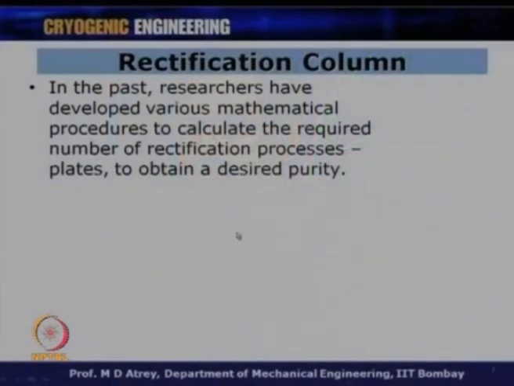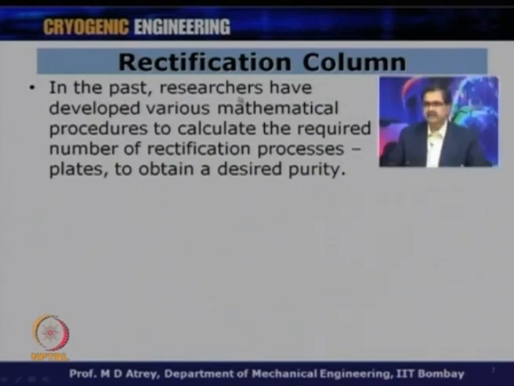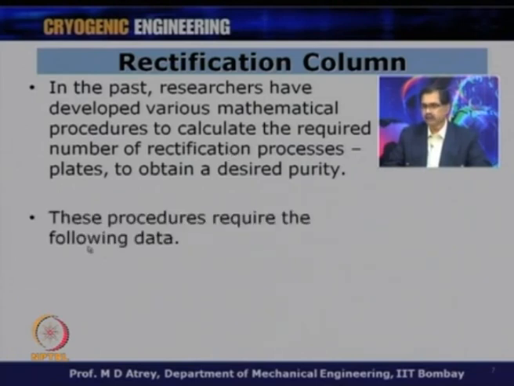So, in order to calculate the number of plates that are required, or in order to design this distillation column, various researchers have developed various mathematical procedures which are very important to calculate the required number of rectification processes. That means how many plates will be required, which will indirectly determine the desired purity for nitrogen as well as for oxygen, and this is what constitutes a major design of a rectification column.